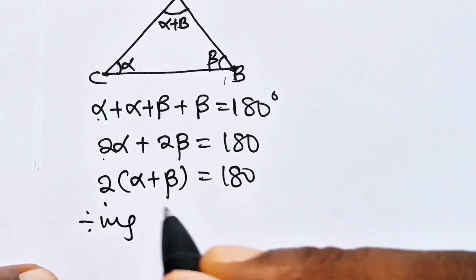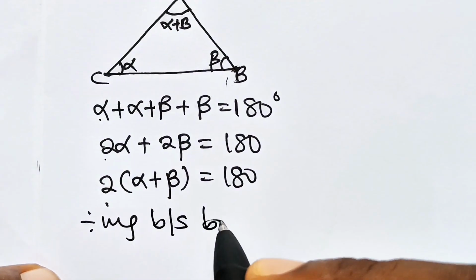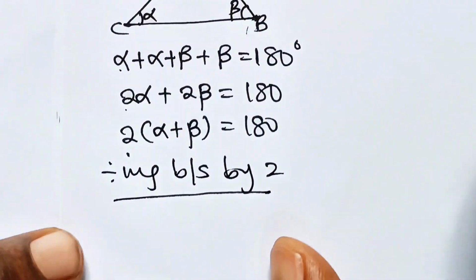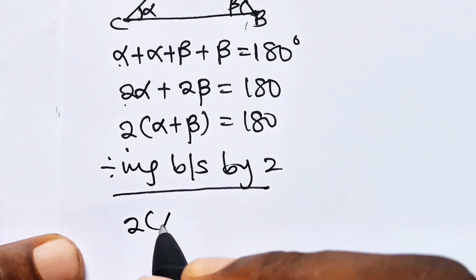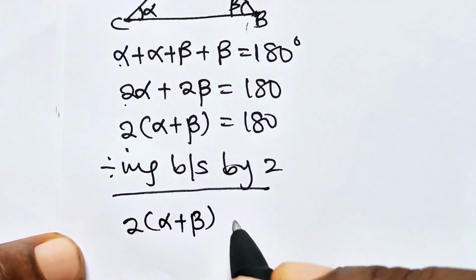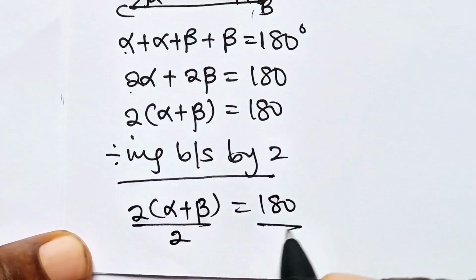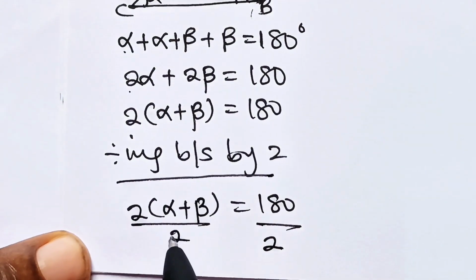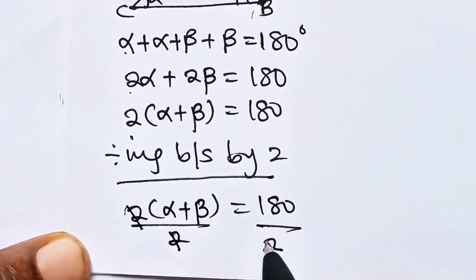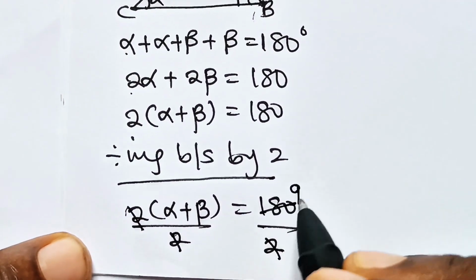Now dividing both sides by 2, we have alpha plus beta is equal to 180 divided by 2, which gives us 90.